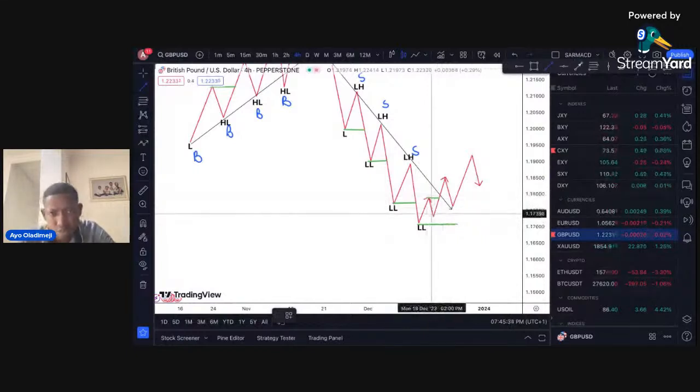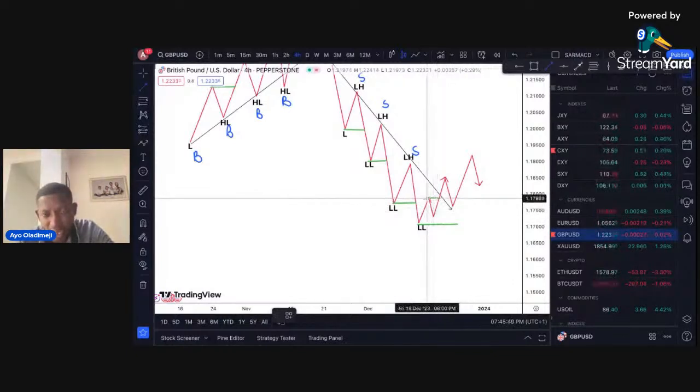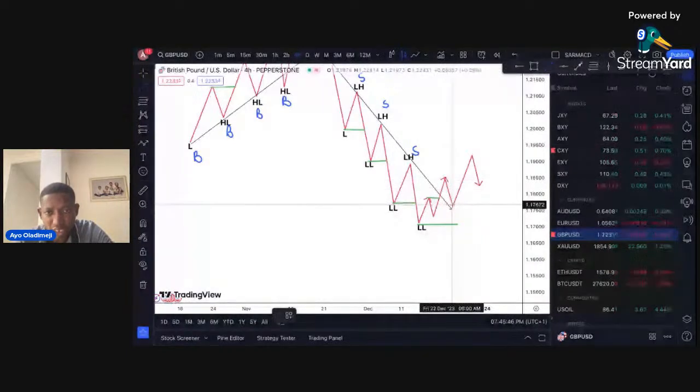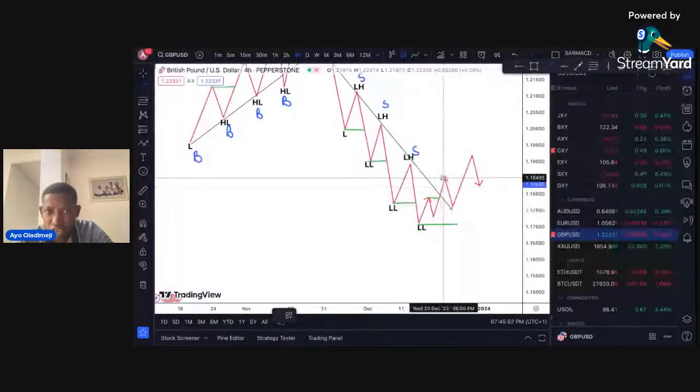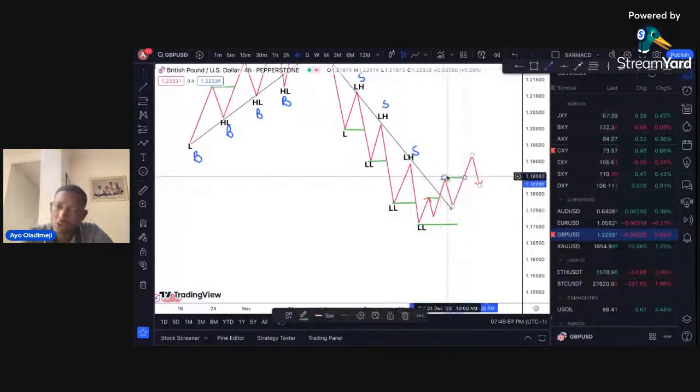So it's going to come here, create a high, and then when price moves up, breaking this high, okay, it's going to correct to give us a correction in low, okay, and then we're going to have this new high. That's one.